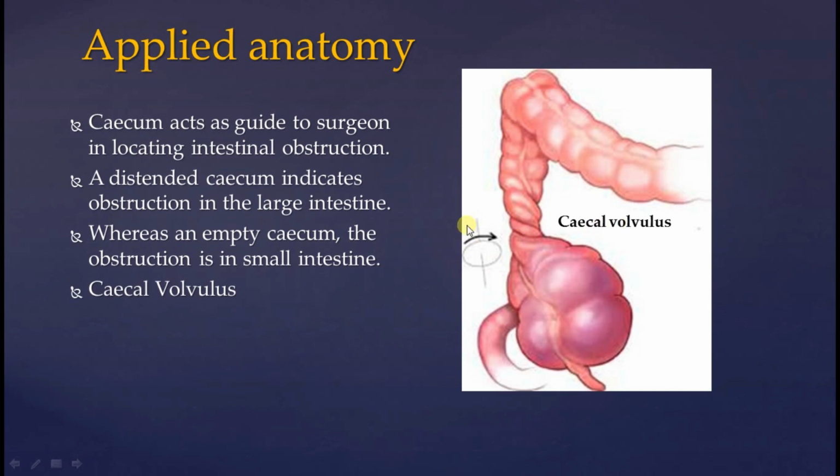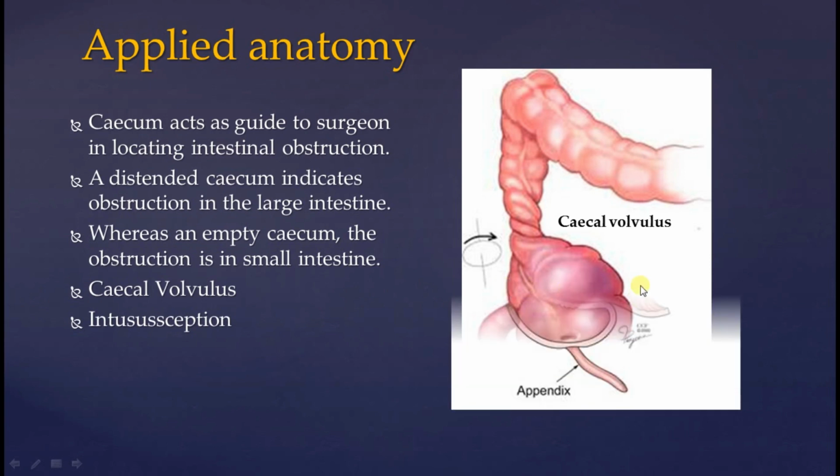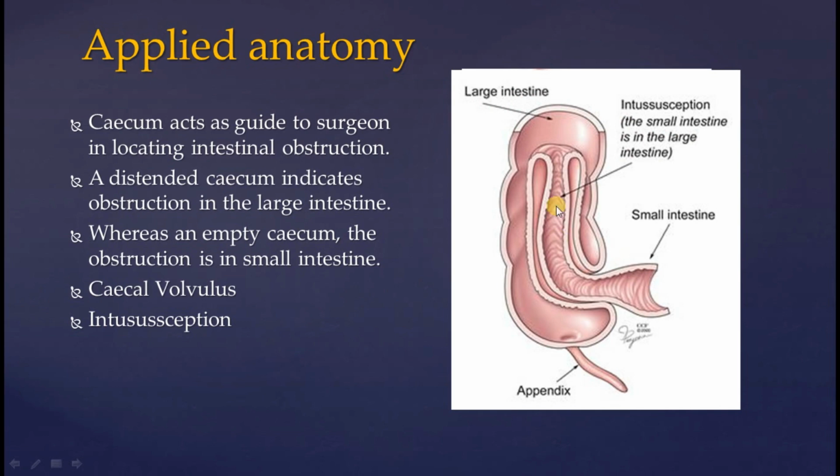Twisting of the colon, especially the cecum, is called volvulus. Sometimes the ileum will get herniated into the cecum, so a part of the gut goes inside the gut, which is called intussusception.